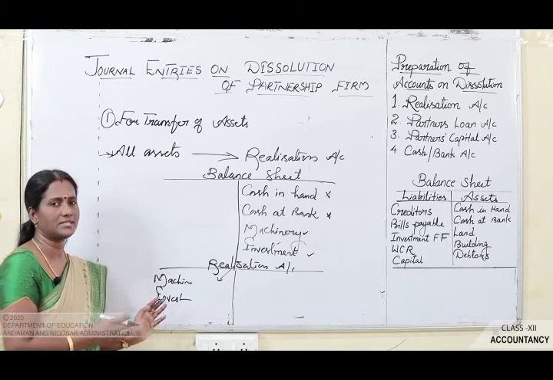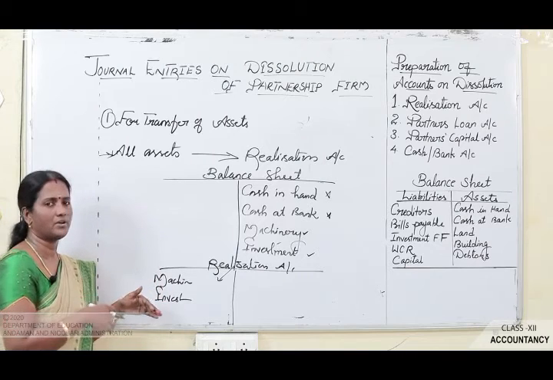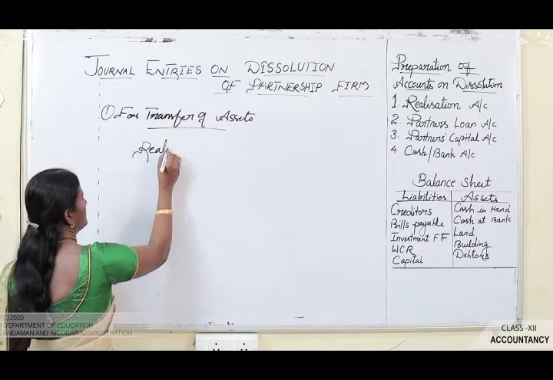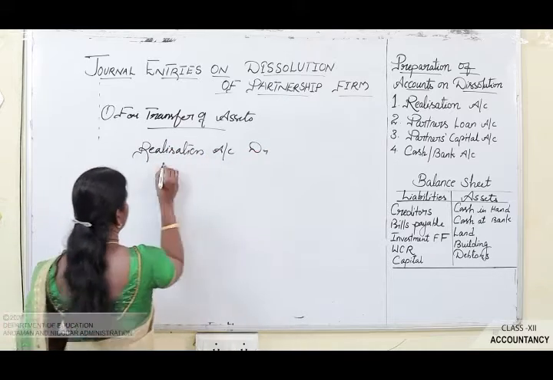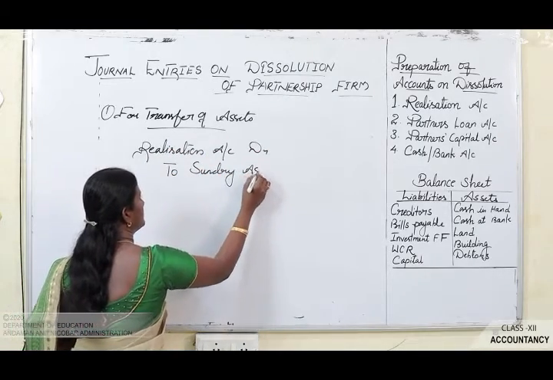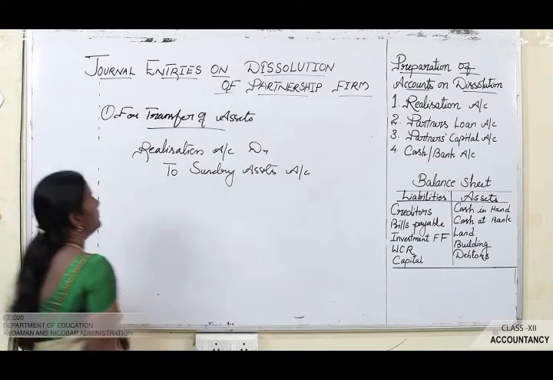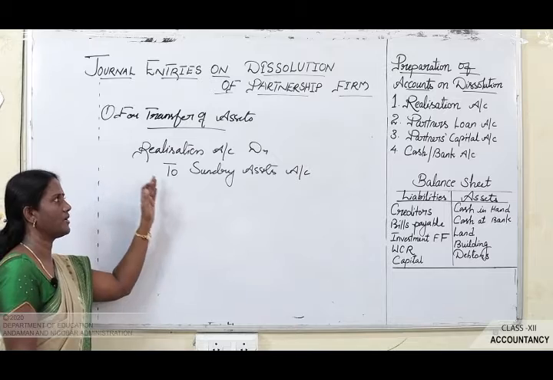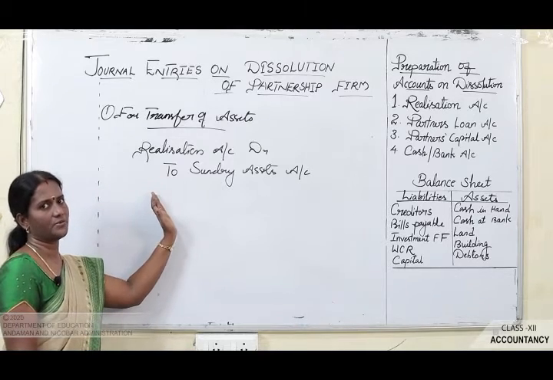So this is the first step. Like this you have to transfer your asset. So the journal entry for this one is, for transfer of asset, the journal entry is realization account debit to sundry asset account.